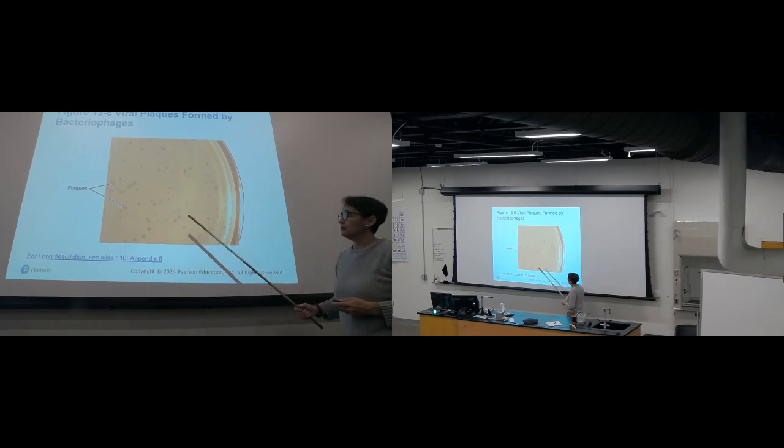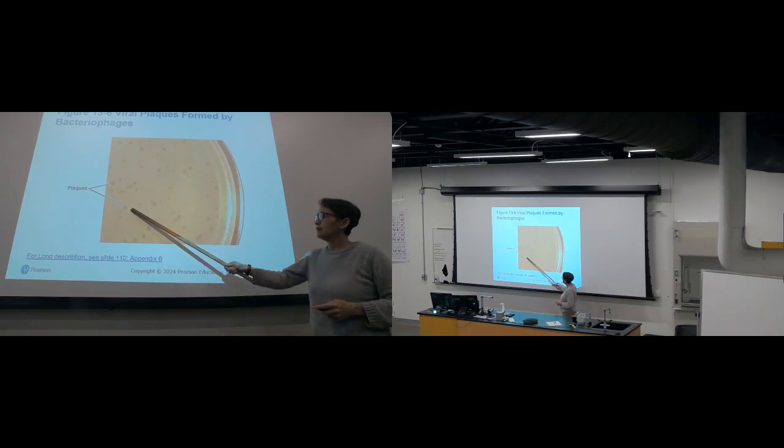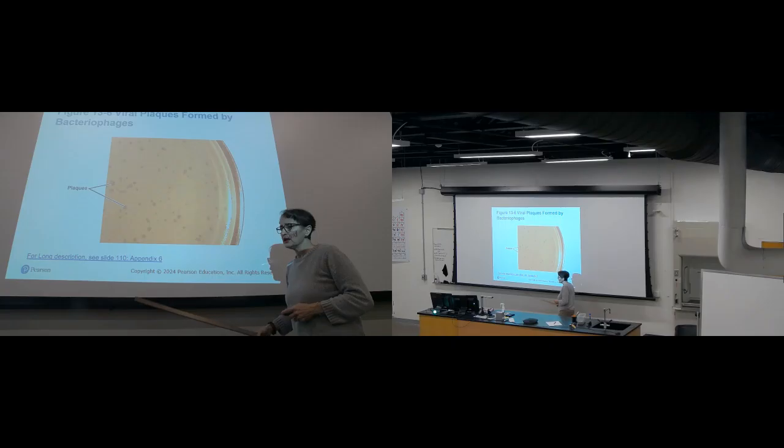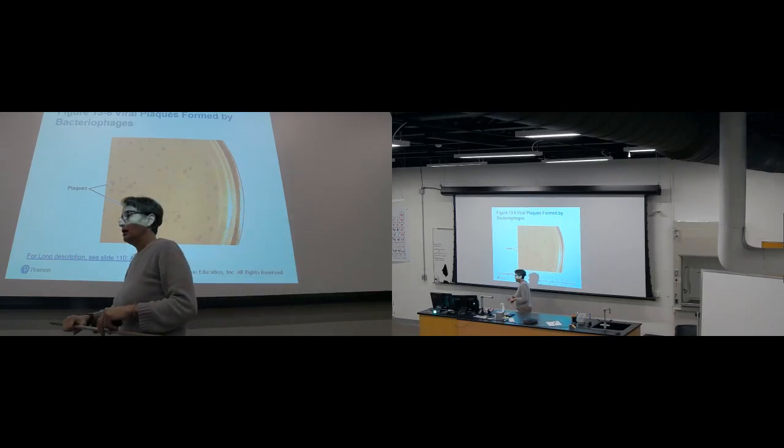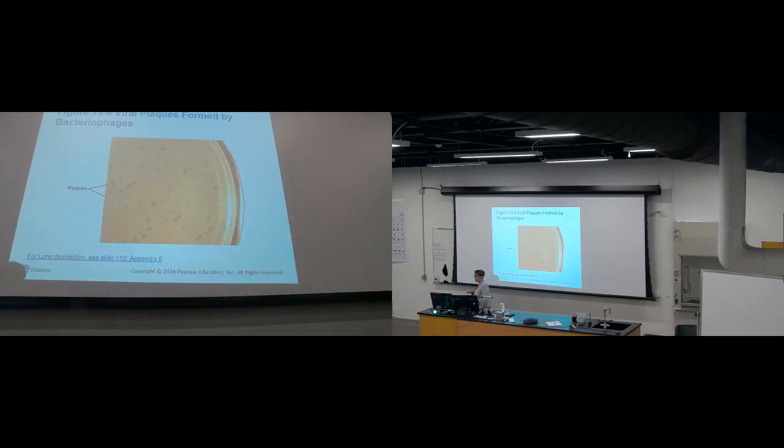And then when you grow these, typically these plaques give you more or less similar size in terms of the absence of growth, unless you have some that are clustered together, like these ones. But these tiny ones will be the most typical size.